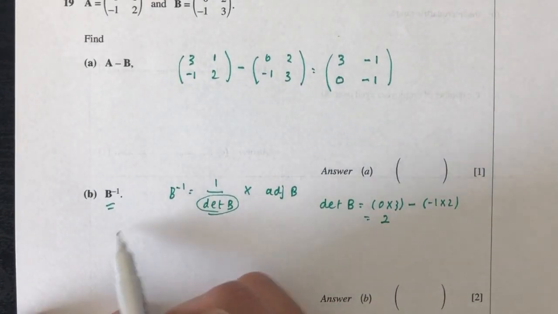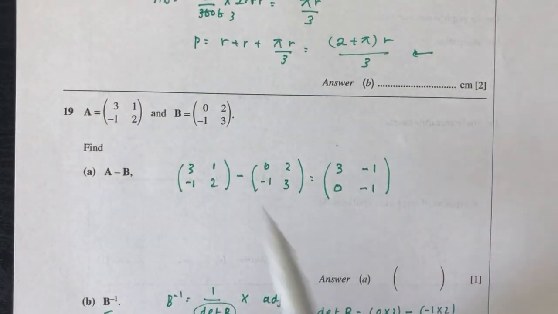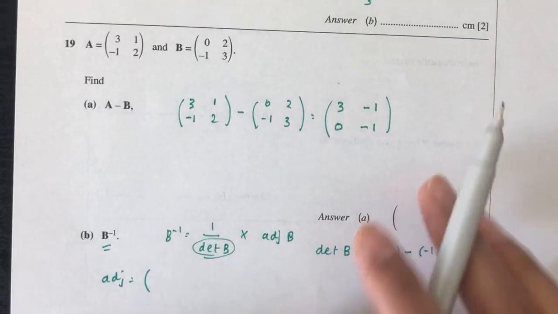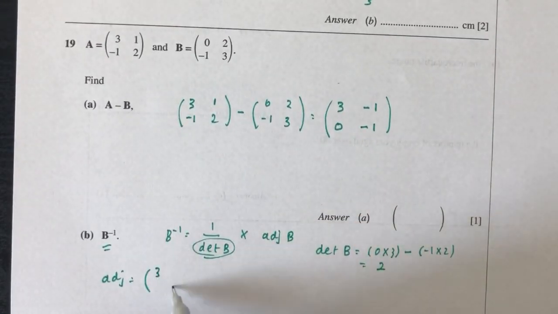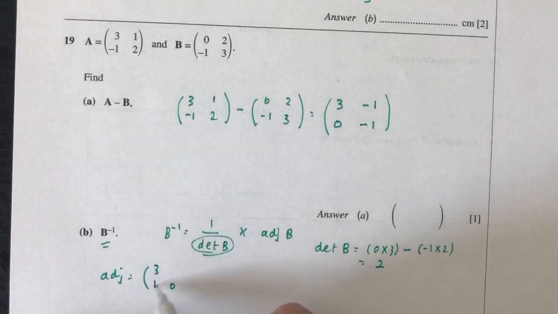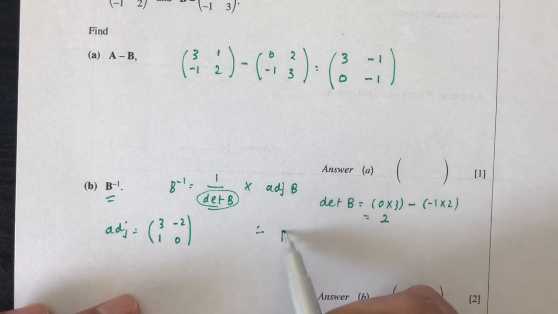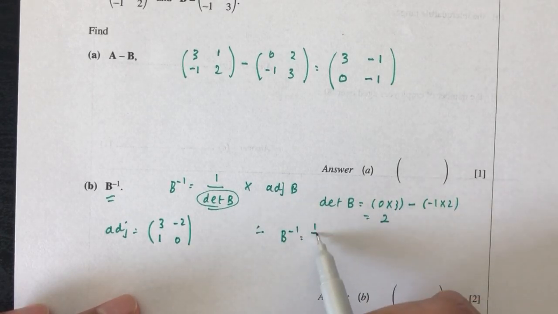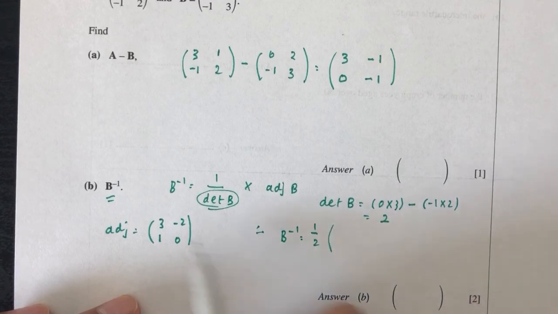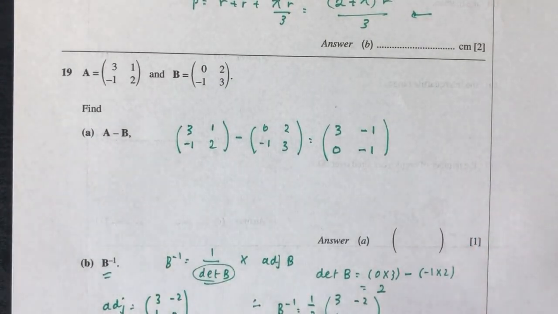So now the adjugate matrix of B. How do you find this? We have to switch those two. So we get 3 up, 0 down, and change the sign of those two. We get 1 and minus 2. So here we have B inverse is 1 over 2 times the matrix 3, 1, minus 2, 0. And that will be question number 19.